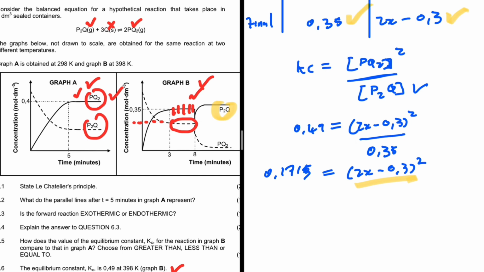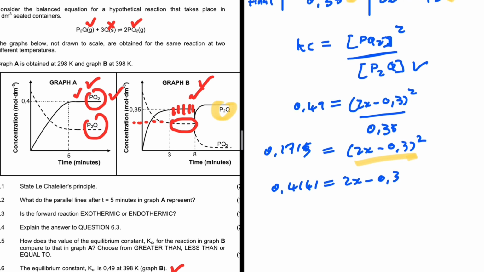So now I need to Google the square root of 0.1715, as I don't have a calculator with me. When I do that, I get 0.4141 is equal to 2x minus 0.3. We took square roots on both sides. So 0.4141 plus 0.3, because it goes to the other side.